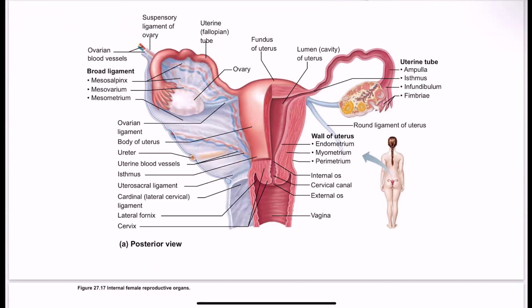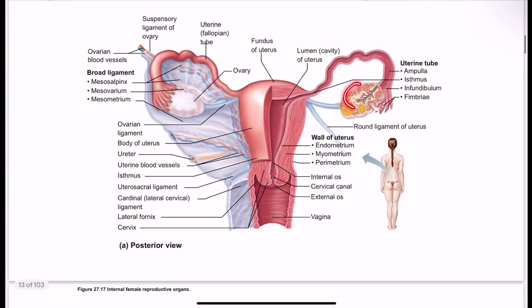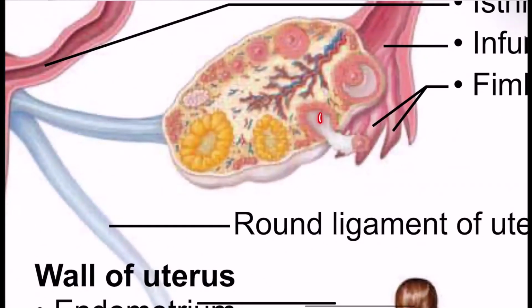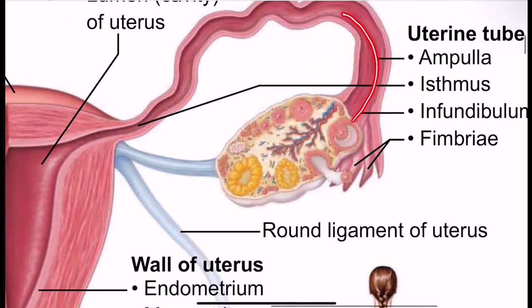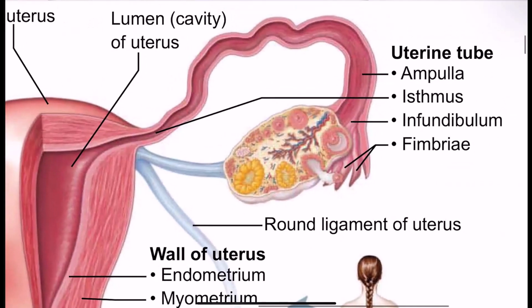So what we're looking at here is a frontal view. And here we can see that ovary with all of those little follicles in it. And then that ovary will release, I'm going to zoom in, that little egg cell into the uterine tube. But interestingly, the ovary isn't directly attached to the uterine tube. There's some structures that aid in catching that released egg upon ovulation.